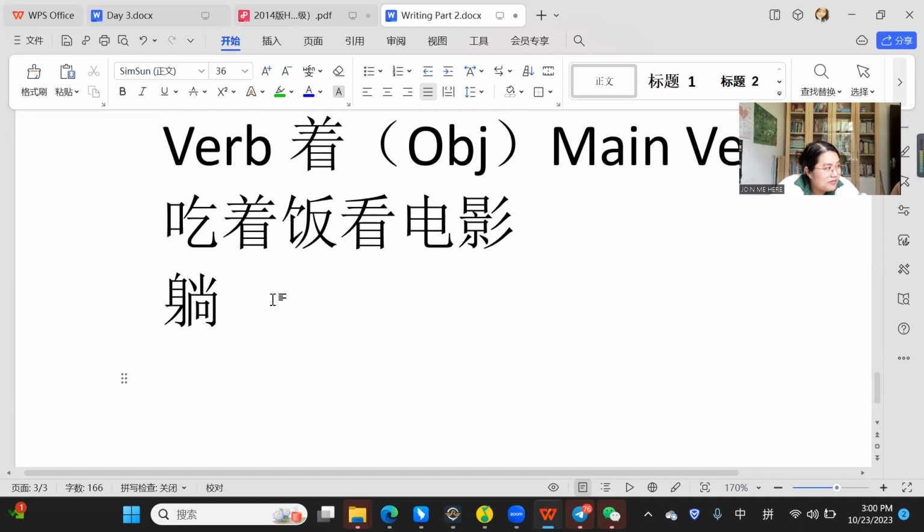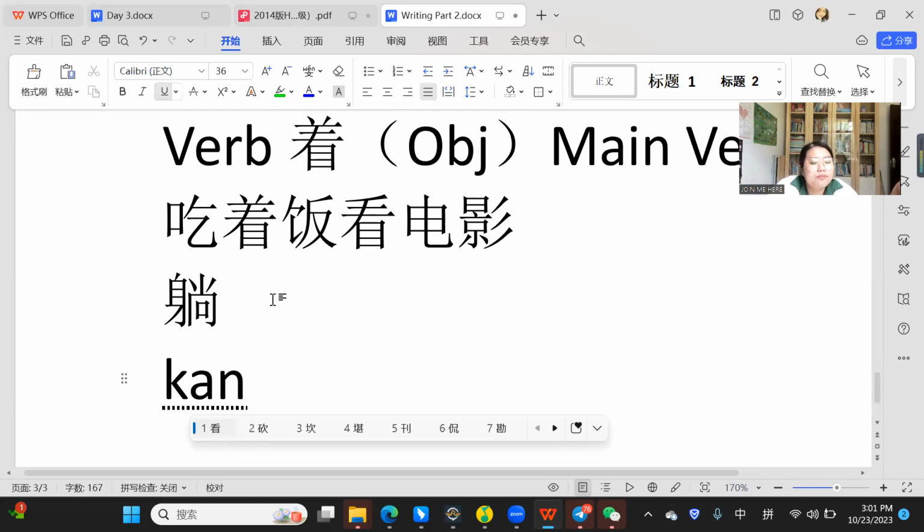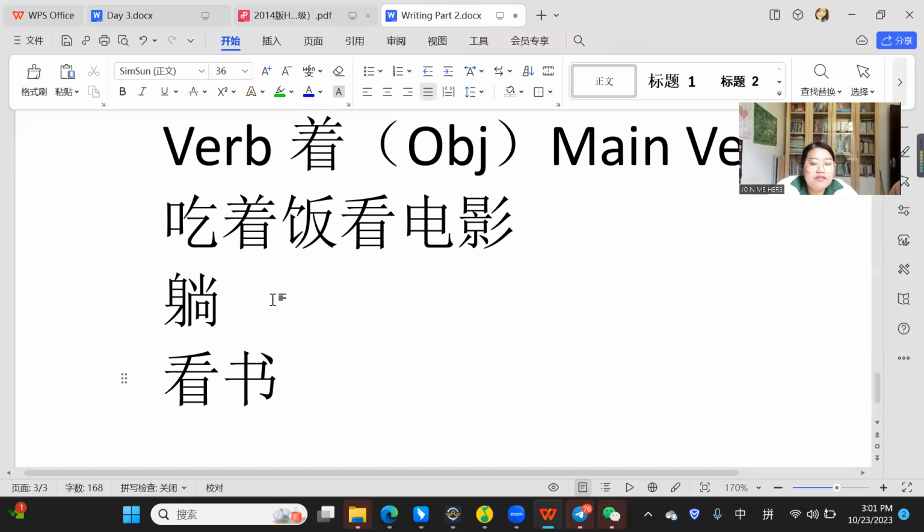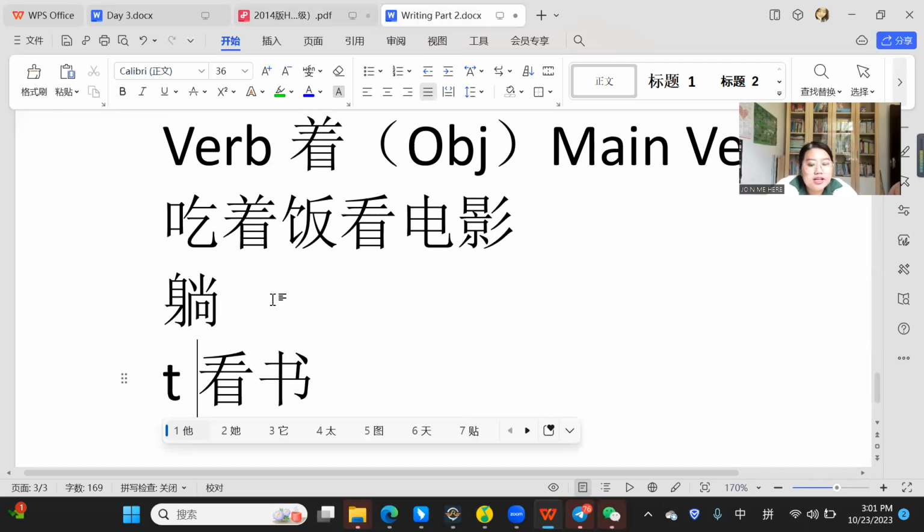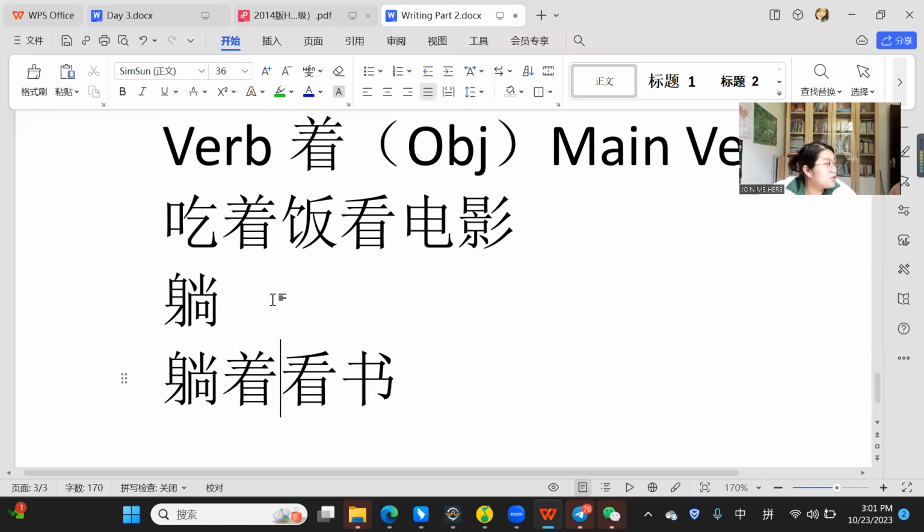So which one will be the main verb? Reading a book is the main verb, or lying is the main verb? Because you can read a book sitting, you can read a book standing. So in here reading a book is the main verb, and if we use the pattern then it becomes 躺着看书, right? Who is 躺着看书?